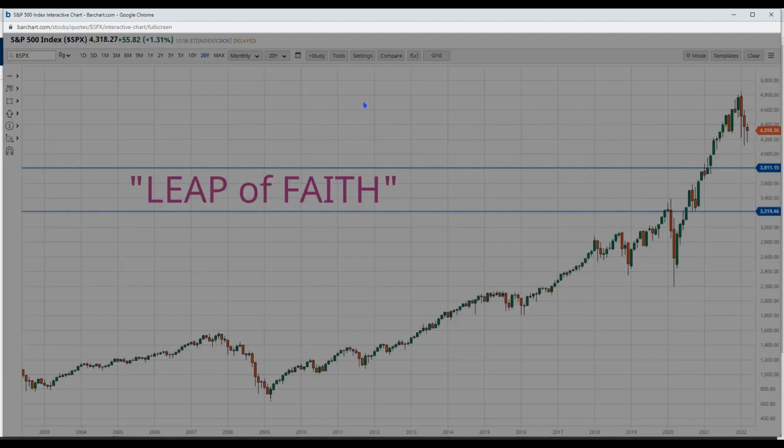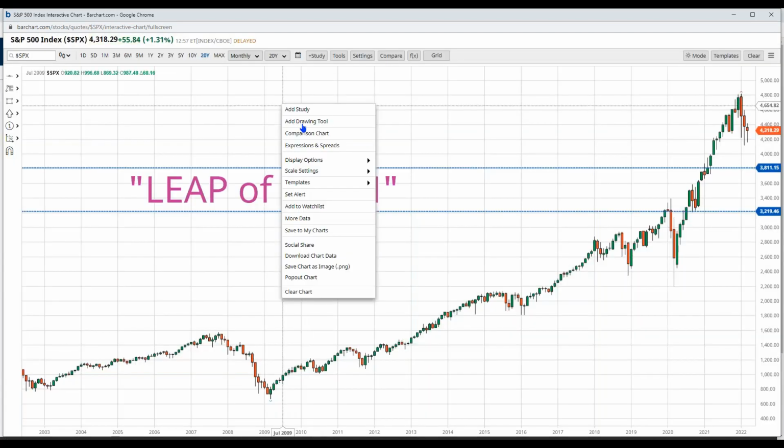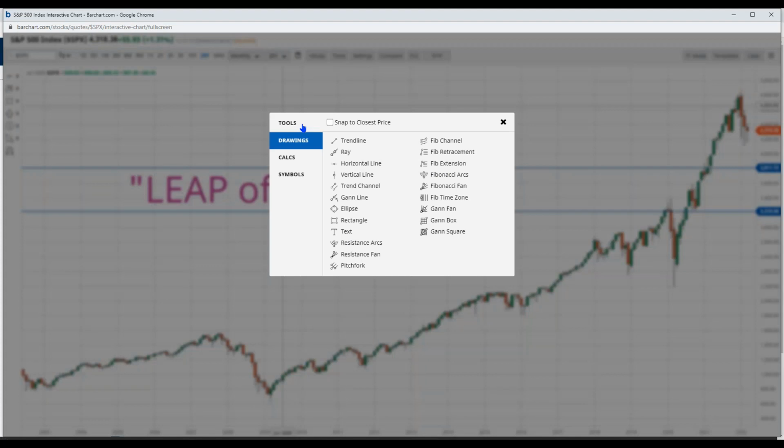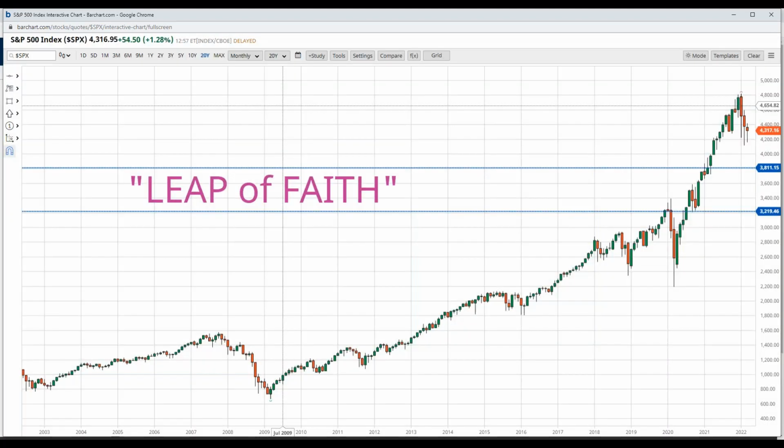And if I'm just on a chart, I just right click on the chart and it says add drawing tools. Now, when we draw our lines, sometimes it can be a little difficult to get our Fibonacci's in the right positioning. So one little tip for you is, click on this snap to the closest price, and that'll help you when you start to draw your lines.